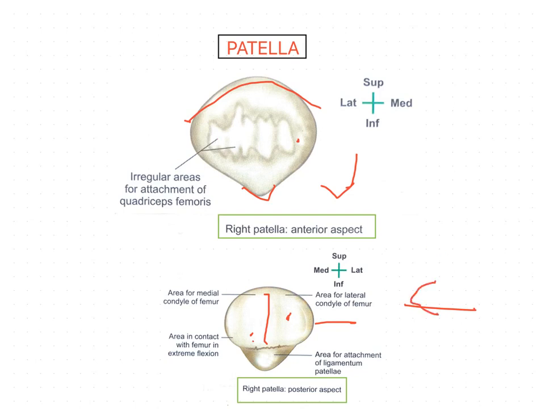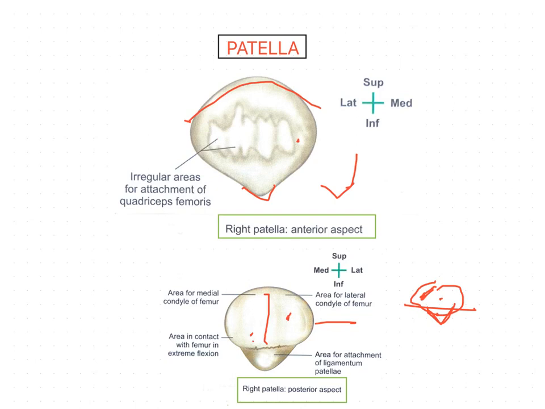This one is the anterior aspect, and the pointed end faces inferiorly, and the anterior surface is rough, and the lateral side of the posterior aspect will lie on the floor. By seeing these things we can identify the bone.